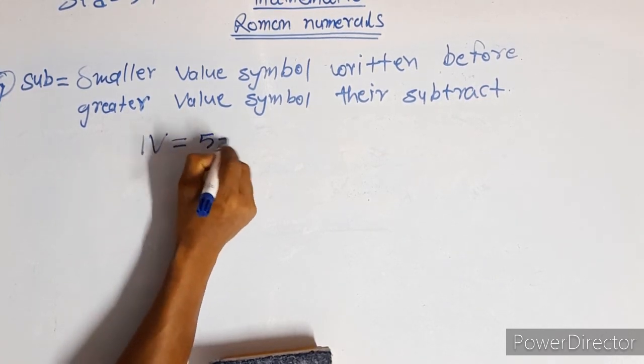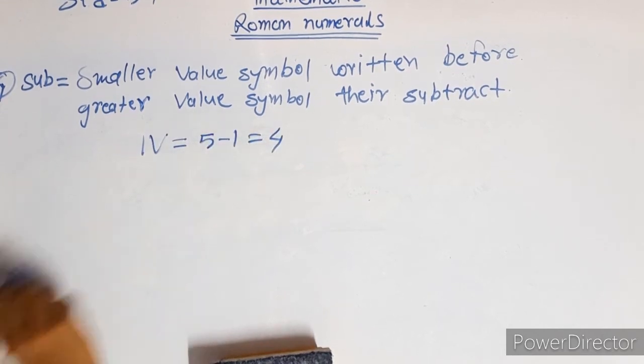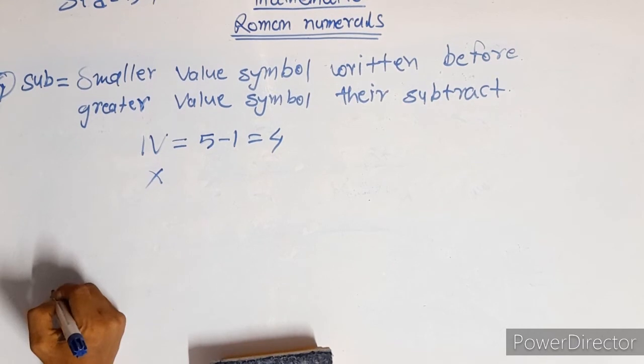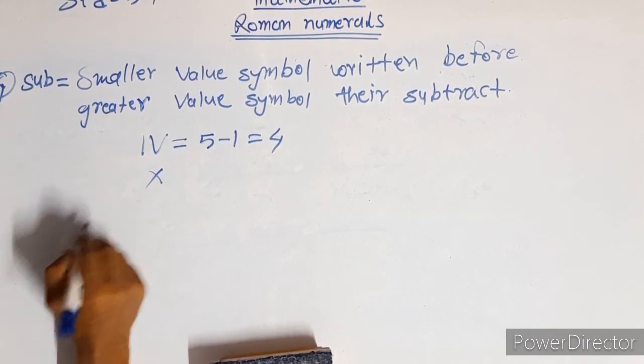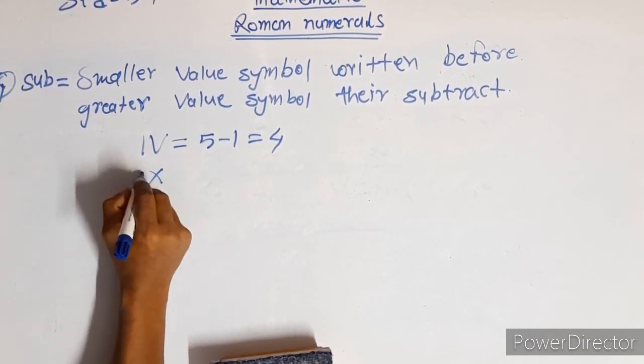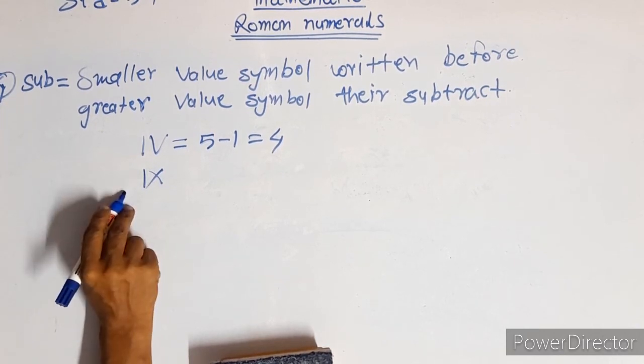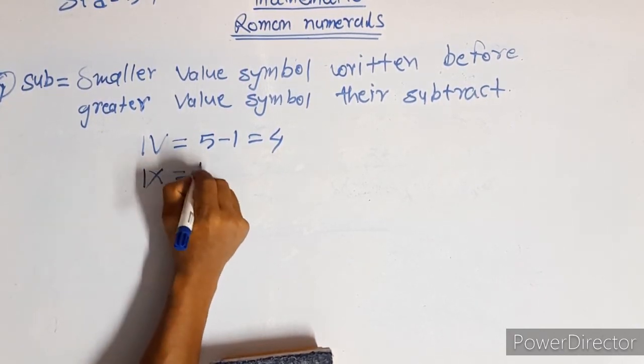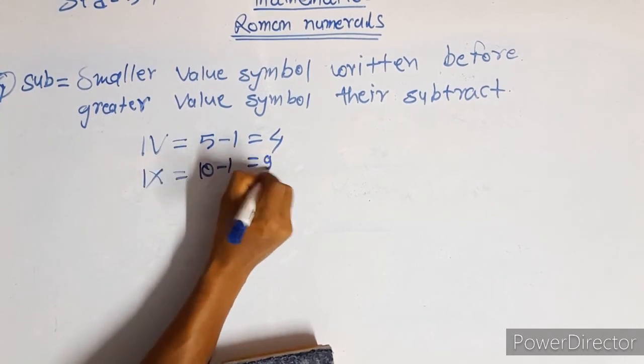So 5 minus 1 is equal to 4. Now 10 is the bigger value symbol, the greater value symbol. Right there 1 is a smaller value symbol and it is used on the left side. So 10 minus 1 is equal to 9.